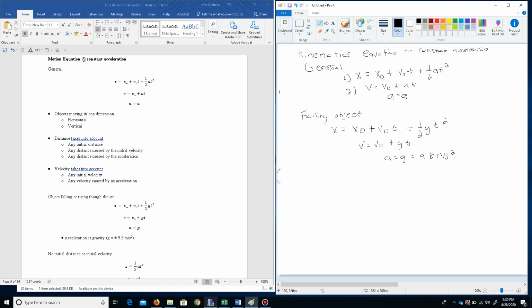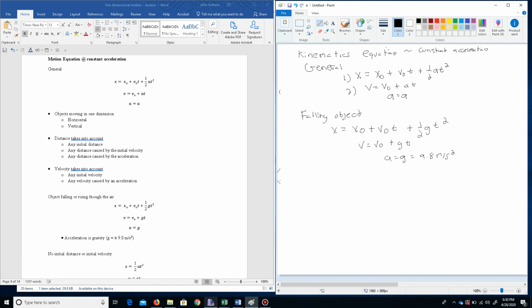This is basically saying that when you're dealing with an object falling, you use your acceleration as gravity. So acceleration could be anything, but if it's falling, it's just going to be gravity. So if this is horizontal motion with a car, acceleration could be constant at anything else. But if it's falling, this is your constant acceleration.